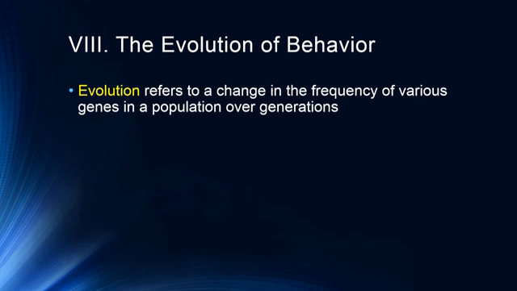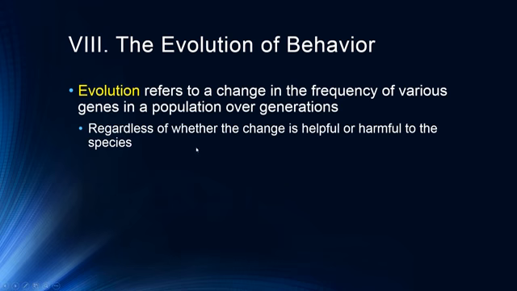Our visual system is tuned in specific ways. Our auditory system is tuned in specific ways. Why are those adaptive? Why has evolution favored those changes over time? An important thing to understand is this evolution can occur whether the change is helpful or harmful to the species. Sometimes evolution selects some things that aren't particularly helpful to us.